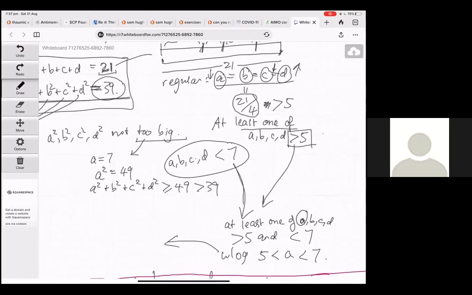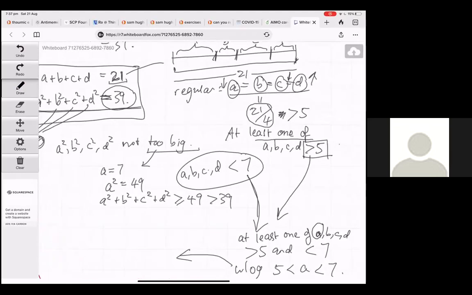So if that's the case, then I've got B plus C plus D, because originally I had that the sum was equal to 21, right? So if A is less than 7 and bigger than 5, less than 7 means that the other 3 have to be at least 21 minus 7, which is 14. Let's do a similar thing for the squares now.